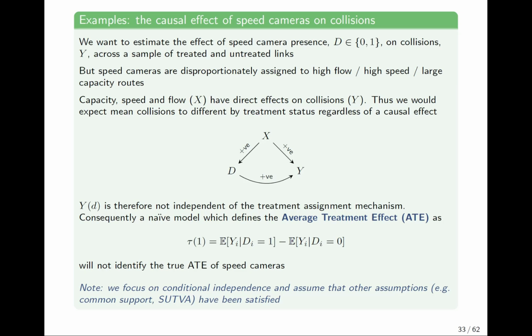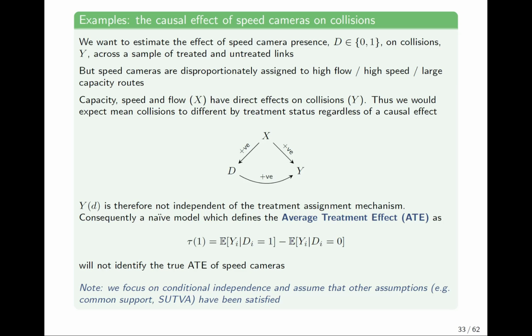So in the absence of any treatment, even if we didn't assign a treatment, we would still expect the average collisions in the treated group to differ from the average for the control group due to differences in their background characteristics, X, that influence collisions. Or in other words, because X positively affects Y, we expect more collisions to happen in the treated group regardless of the causal effect of speed cameras.